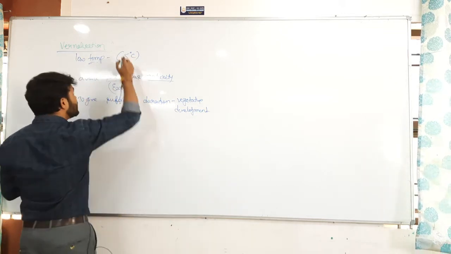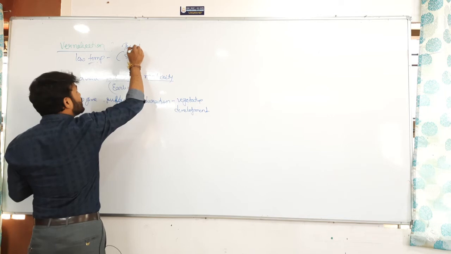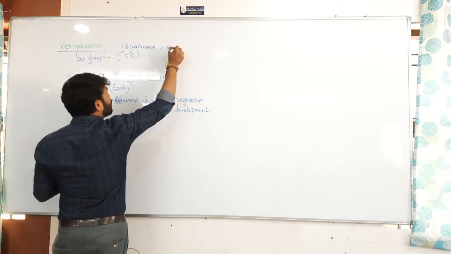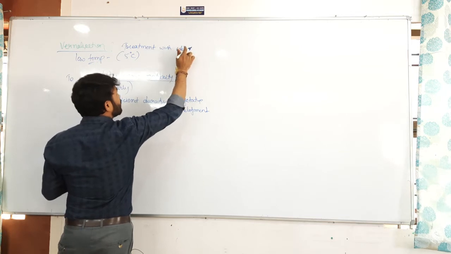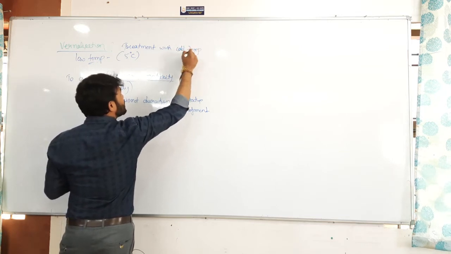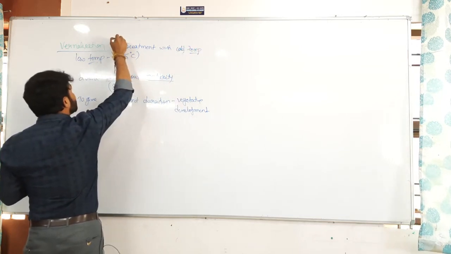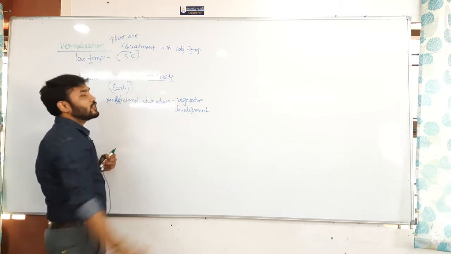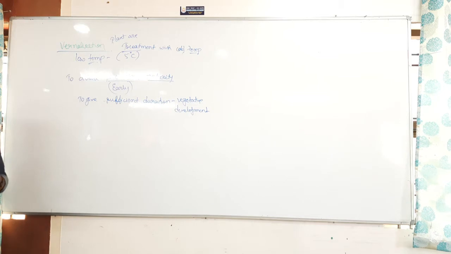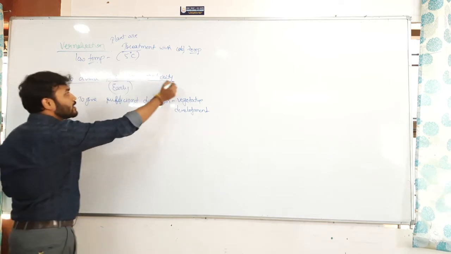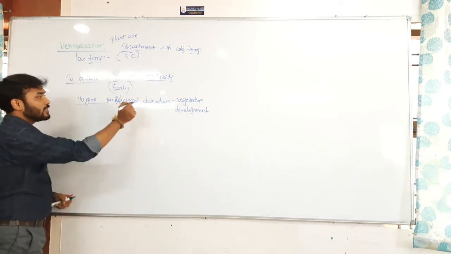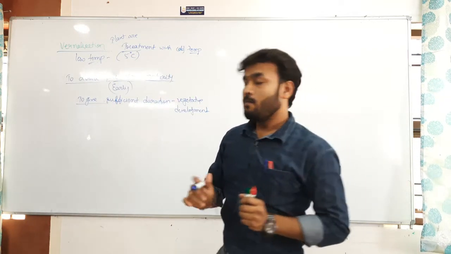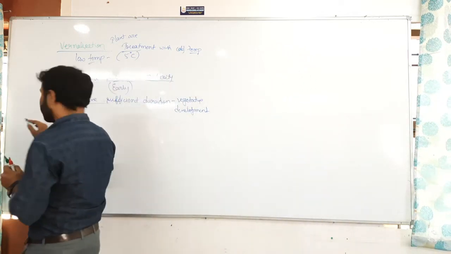Vernalization is the treatment of plants with cold temperature. So, for avoiding the precocious maturity, that will give the sufficient duration for getting vegetative structures. But there are different kinds.